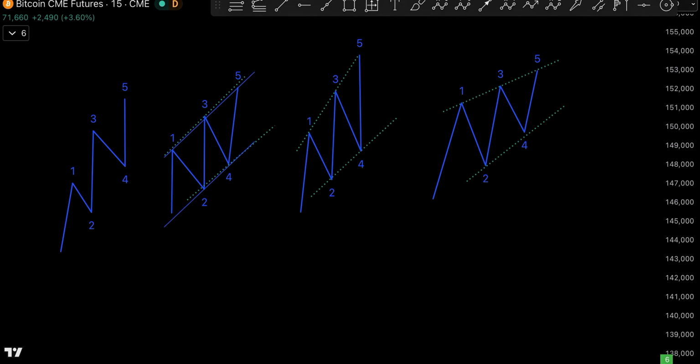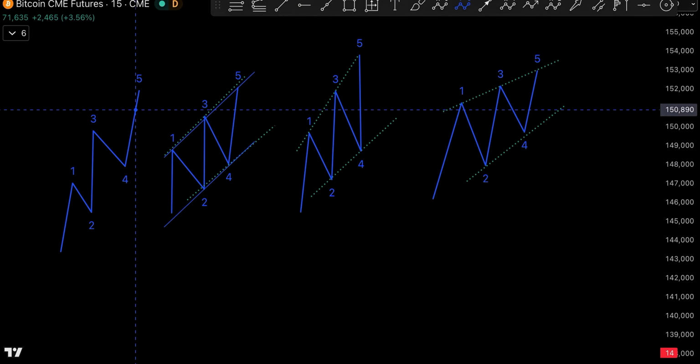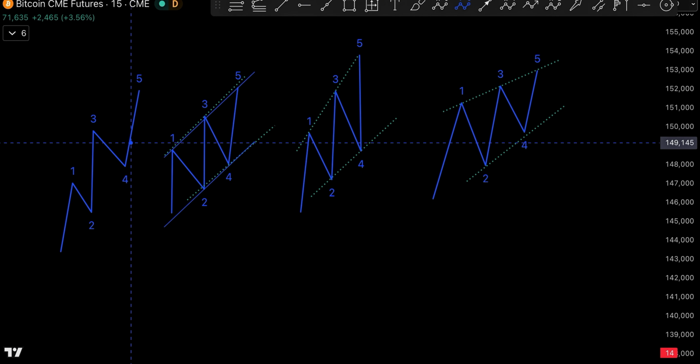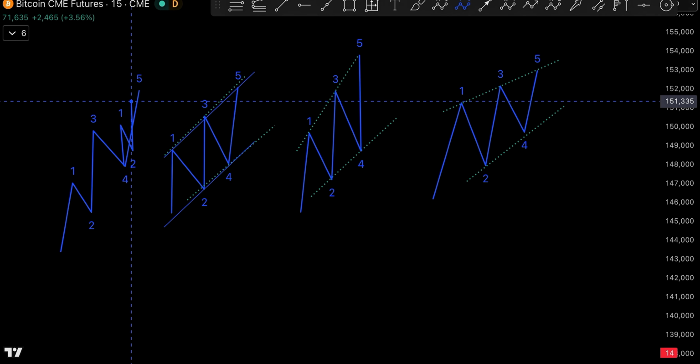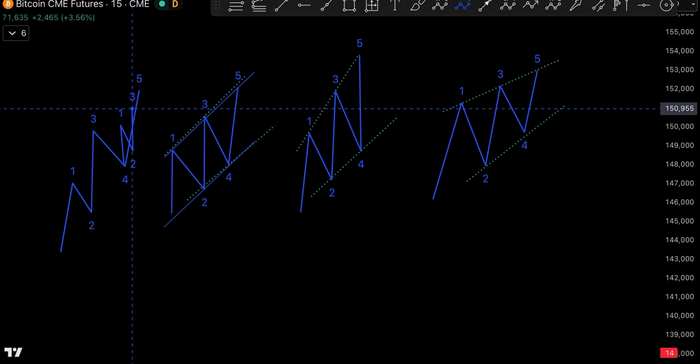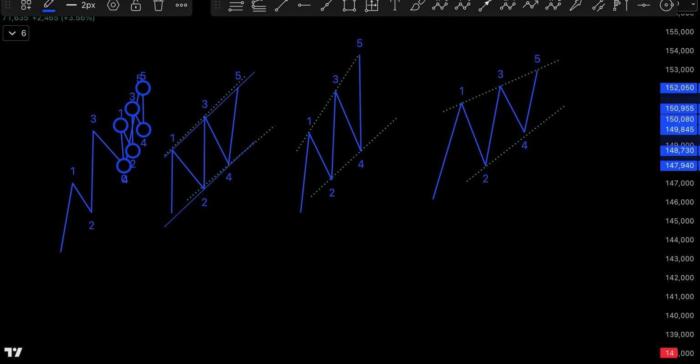And another bullish structure is an ending diagonal. Ending diagonal and leading diagonal are both similar, I can say. This ending diagonal usually occurs in this fifth wave here, and it can be like this, with multiple overlapping structures, 5.